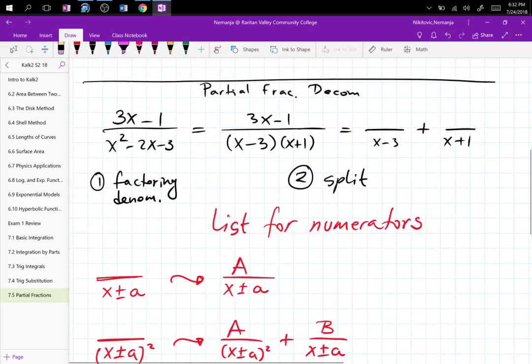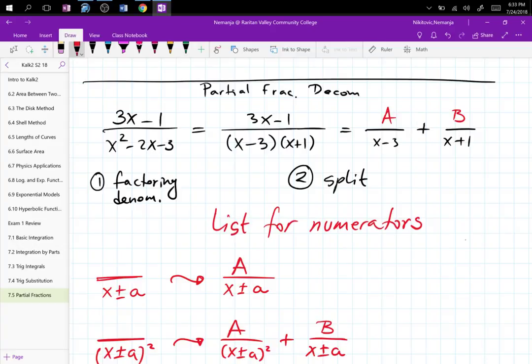So to do partial fraction decomposition, step number 1 is to factor the denominator, and that will tell us all the different things that we need from the list. Once you are done with that, then you split into each one, and now we are using A and B because both are linear in the denominator.